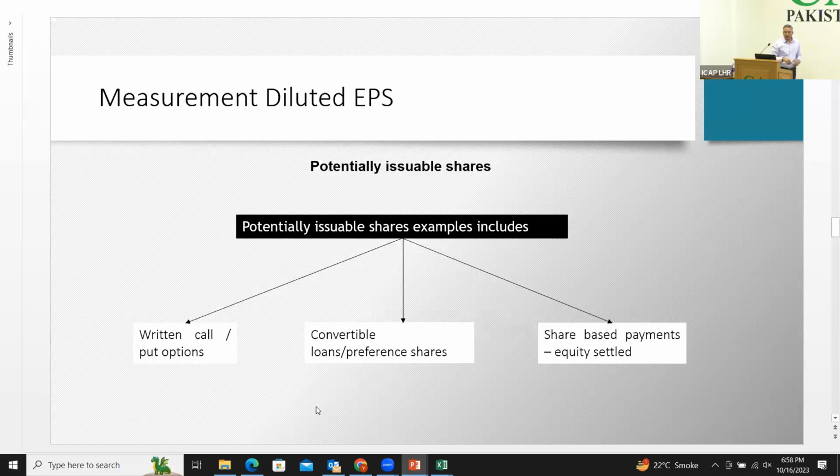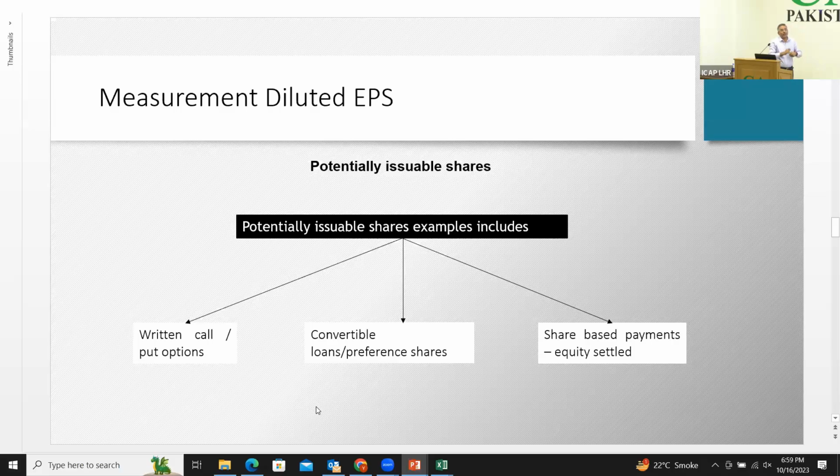Here we use the words written call or written put. Call means right to buy. Put means right to sell. It should be written, meaning the counterparty has the right. It's not a purchased call option or purchased put option, because those can only be exercised by the entity if it's favorable, and when it is favorable, it's not dilutive.